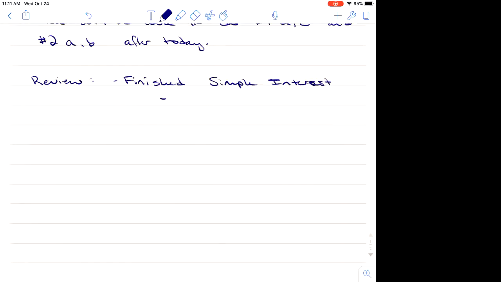We talked about finding the amounts of unknown payments, which I think you have another scenario like that on written assignment 2. So written assignment 2 is going to be on compound interest, written assignment 1 is on simple interest. Basically just practicing for the test.